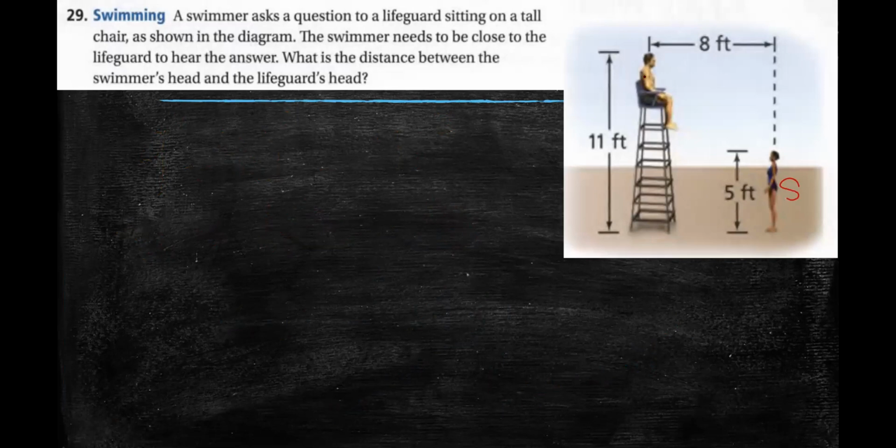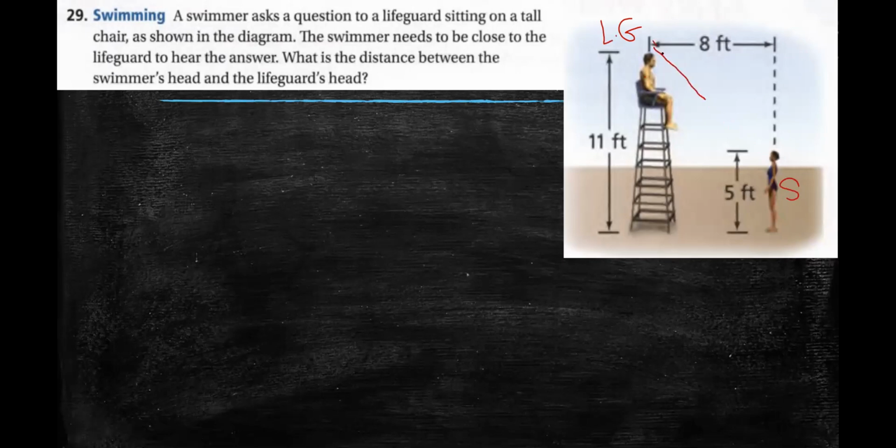So this is the lifeguard, and this is a swimmer. The swimmer needs to be close to the lifeguard to hear the answer. What is the distance between the swimmer's head and the lifeguard's head?